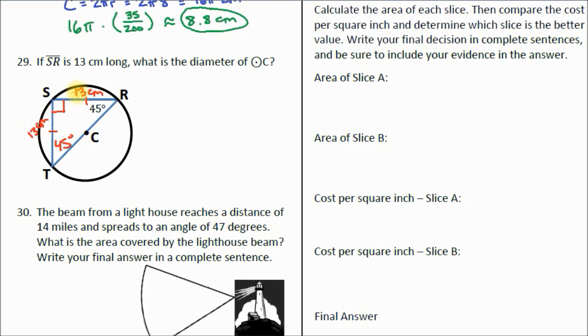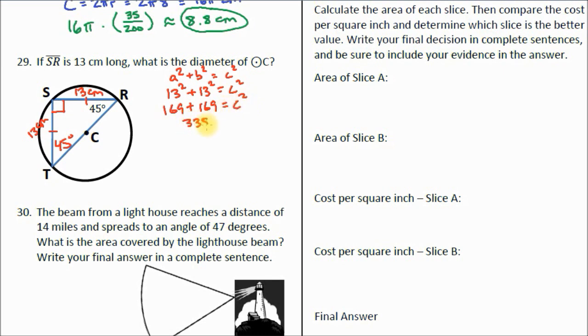Well, we've got a triangle. We know the lengths of the two legs. There's actually two ways to solve this. Way number one is using the Pythagorean theorem. a squared plus b squared equals c squared, where c is our unknown, the diameter or the hypotenuse. So 13 squared plus 13 squared equals c squared. 169 plus 169 equals c squared.